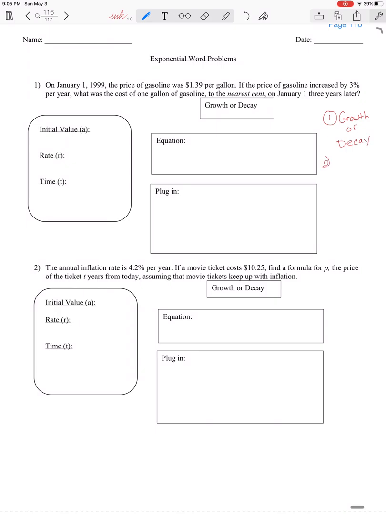Then we're going to list our initial value, rate, and time. Now they have initial value as A. In our cheat sheet, we have it as P. We can just cross it out and call it P. And then this last step is we're going to substitute in.